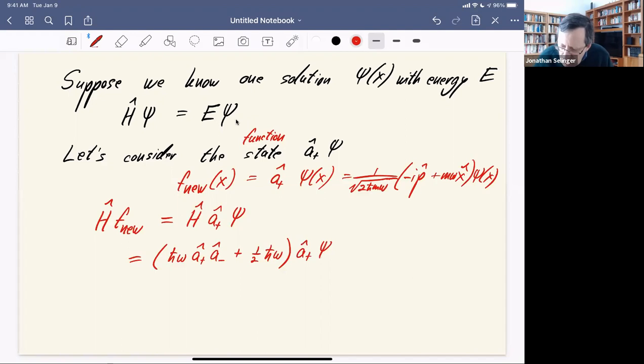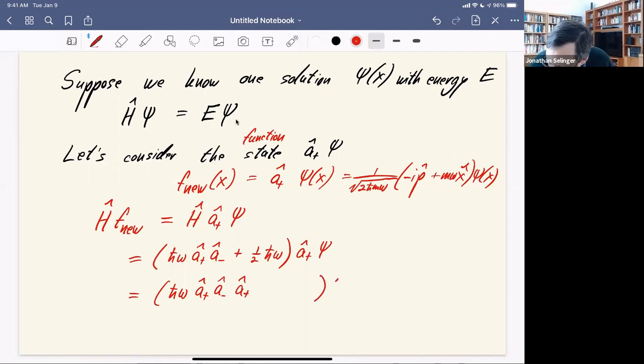Now, can we simplify this thing? Well, what is this thing? This thing is h bar omega. In the first term, we have a plus acting on a minus, acting on a plus, acting on psi.